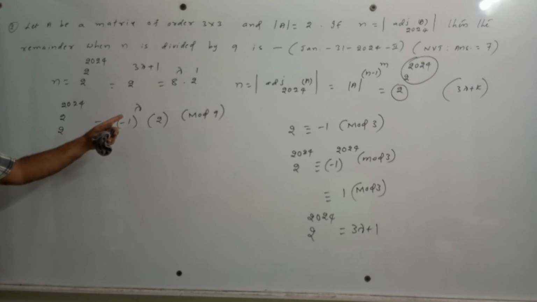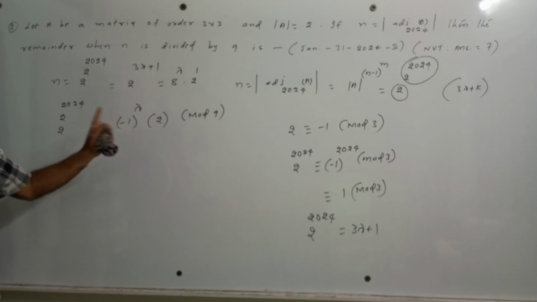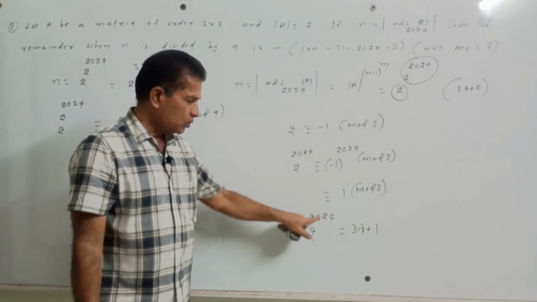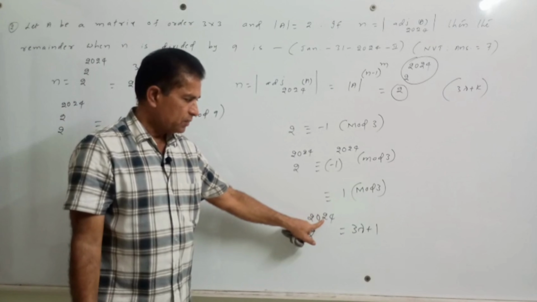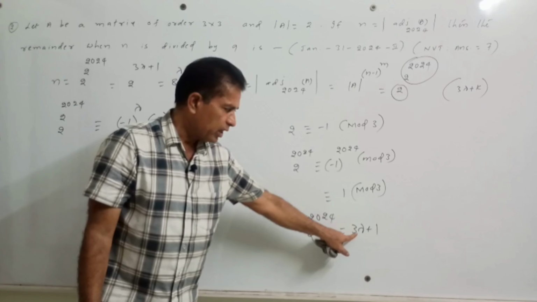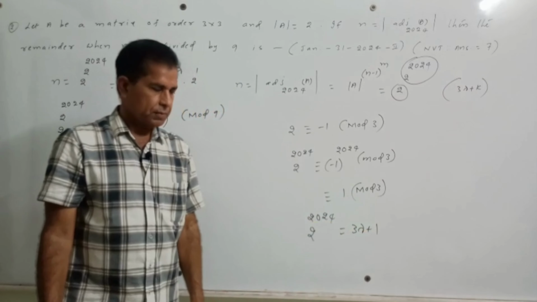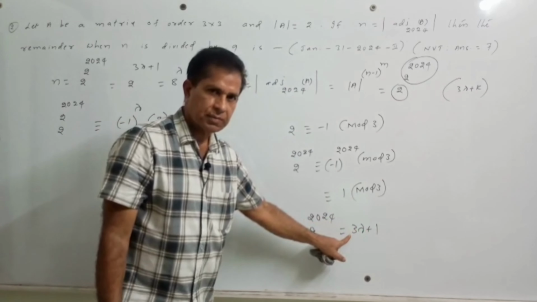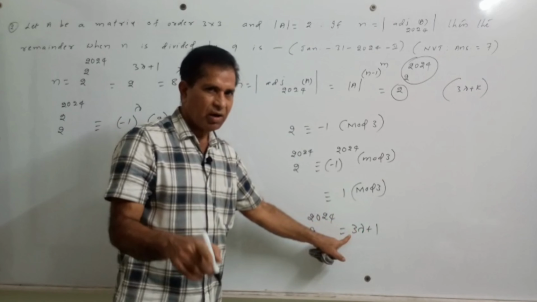Minus 1 to the power of lambda may be either minus 1 or plus 1, depending on lambda. So 2 to the power of 2024 is an even number. On the right side we have 3 lambda plus 1. 1 is odd, 3 is odd. Therefore lambda should be odd.